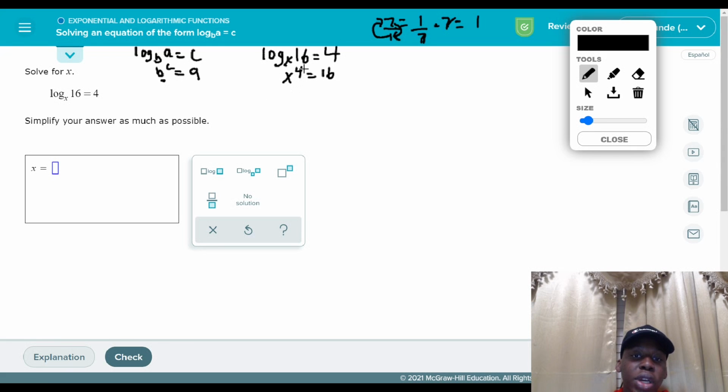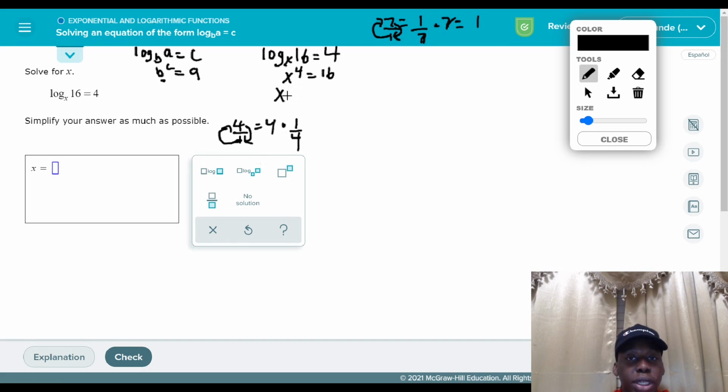We have to remove this 4 from this place, and for us to do that, we have to find the reciprocal of 4. The reciprocal of 4 is 4 over 1, which is the same thing as 4, right? So we take whatever's at the bottom, put it at the top, and whatever's at the top, put it at the bottom. That'll be 1 over 4. So we're just going to put that in here.